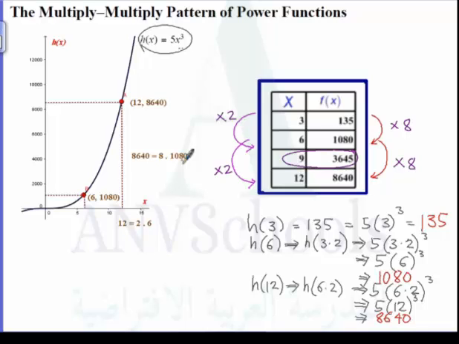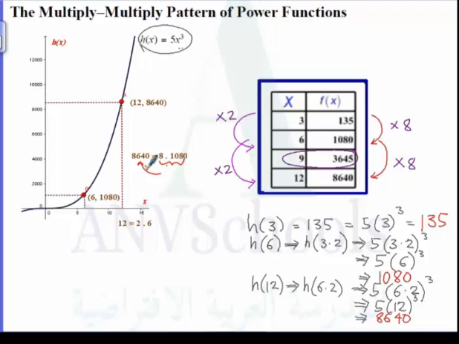So you could see that the y values are actually multiplied by 8. 135 times 8 is equal to 1080, and 1080 times 8 is 8640.